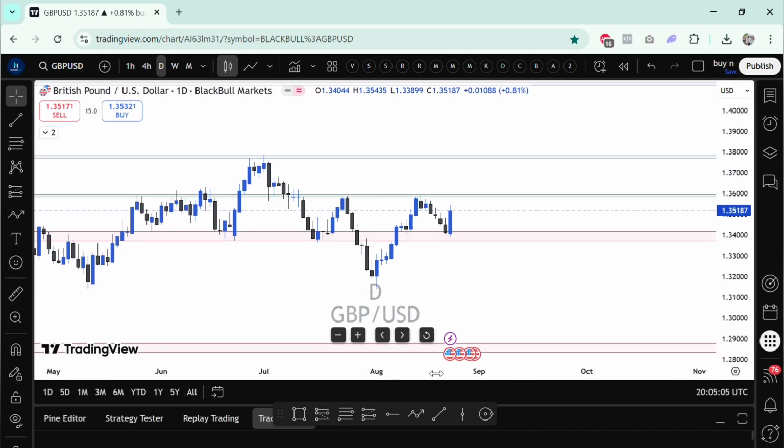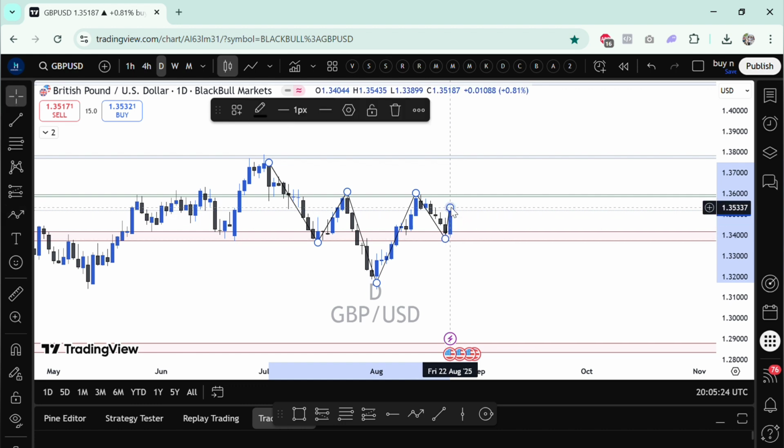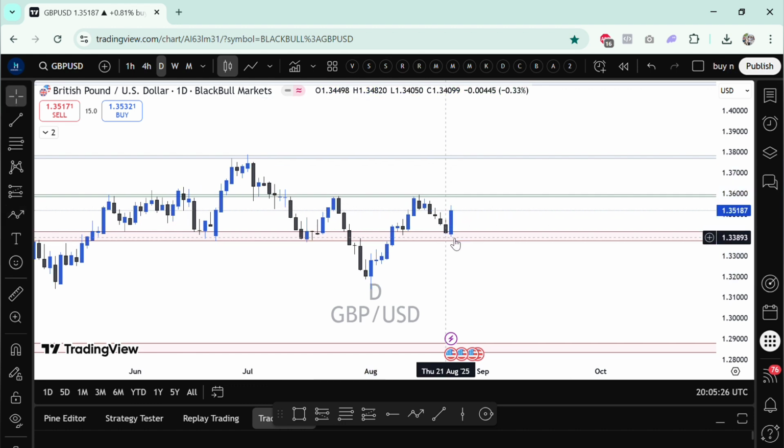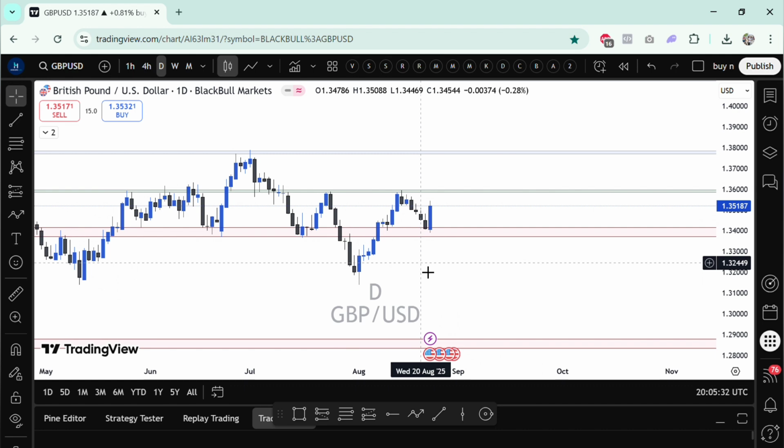So we can clearly see it: a higher high, lower high, lower low, lower high, lower low, equal lower high. Price is trying to break below, but we can see a few things telling us that no, price may not go below this area, and this is potentially going to be a strong level of buy pressure here.